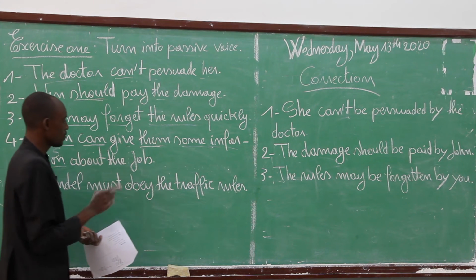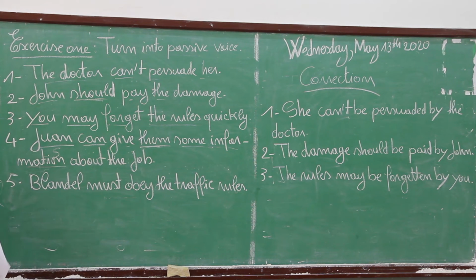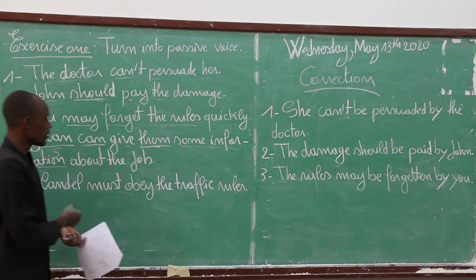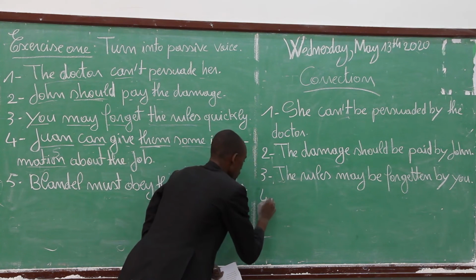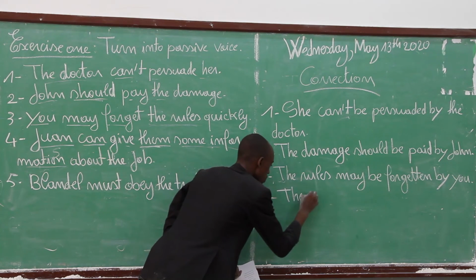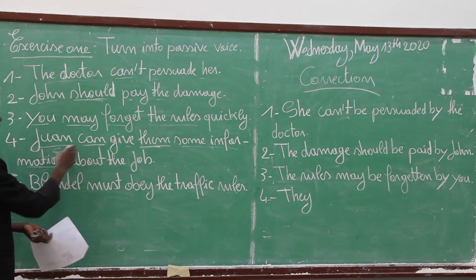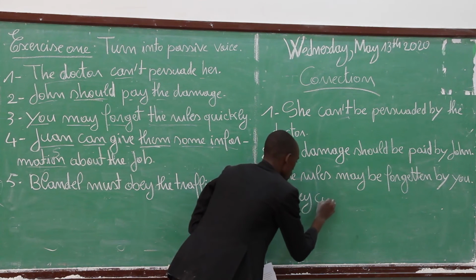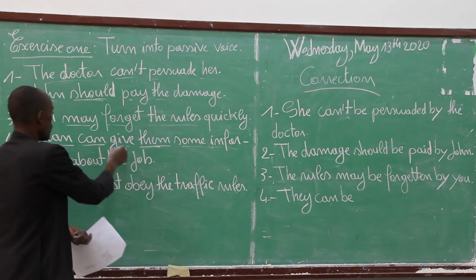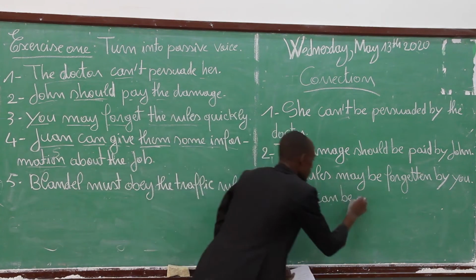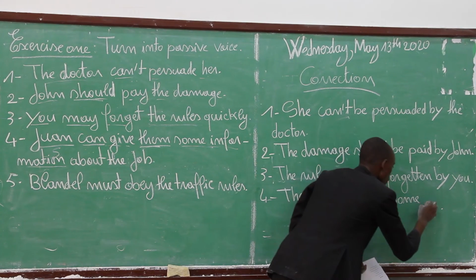I don't know if we can start with them as the first object or the last one, some information. Now let's take them. Them in passive voice becomes they. We have they can, modal, followed by be, and the past participle of the main verb. Be given some information.